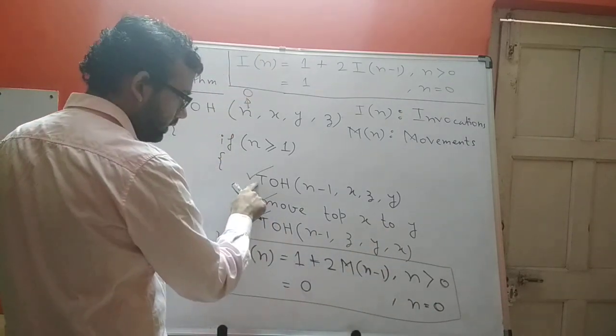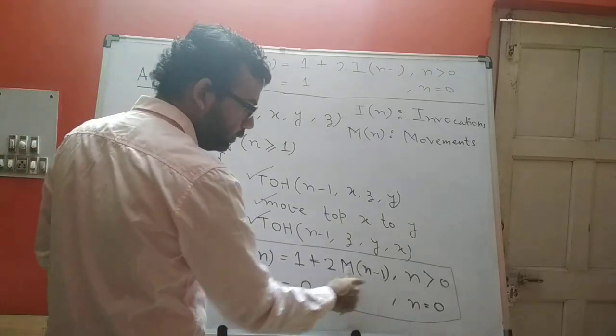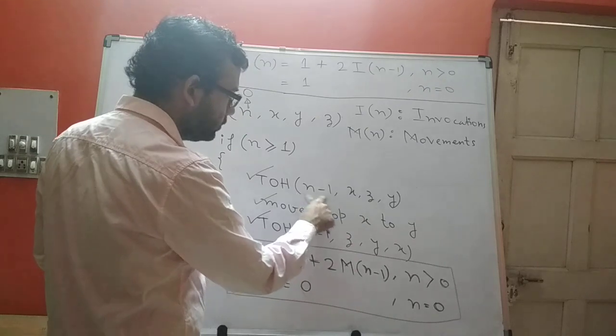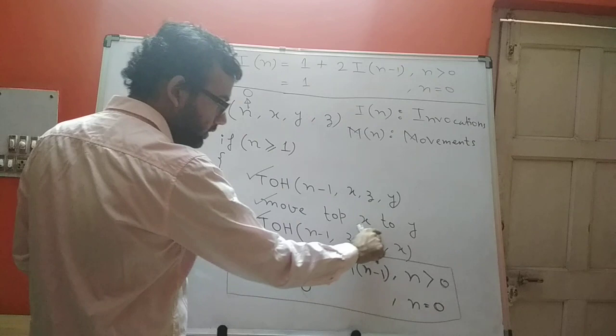You have to solve two sub-problems. So that's why 2 into m of n minus 1, because you have to move n minus 1 disks. And what about this one? This one is again for this trivial step.